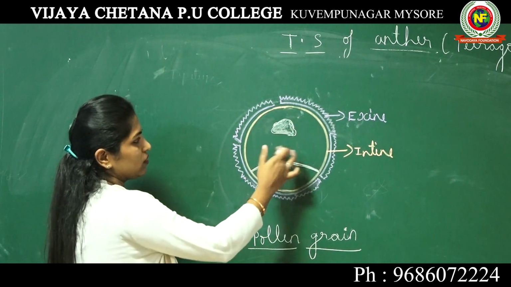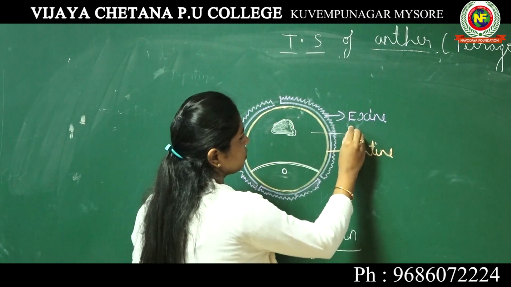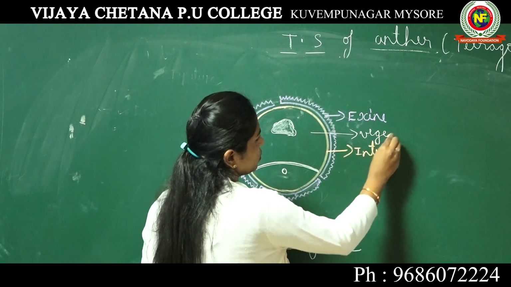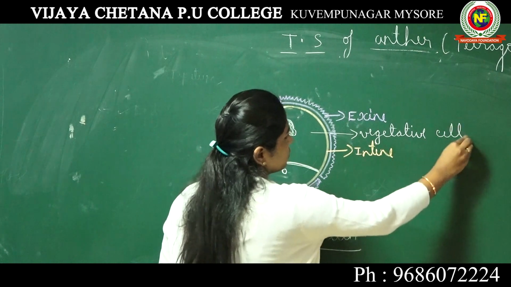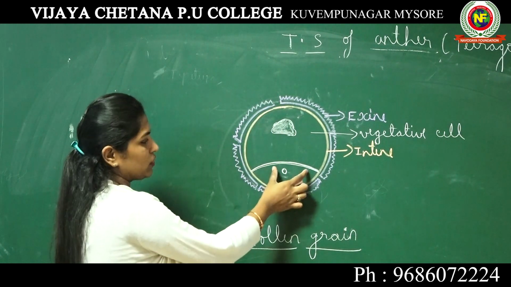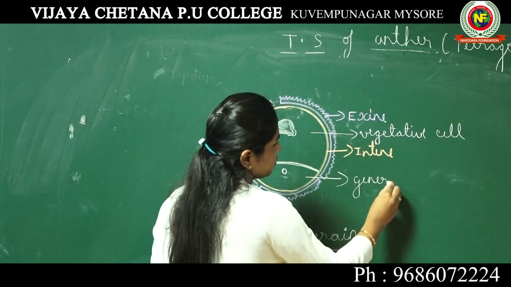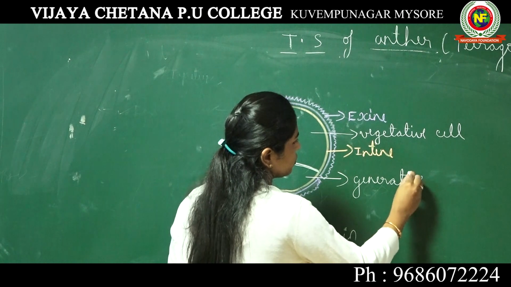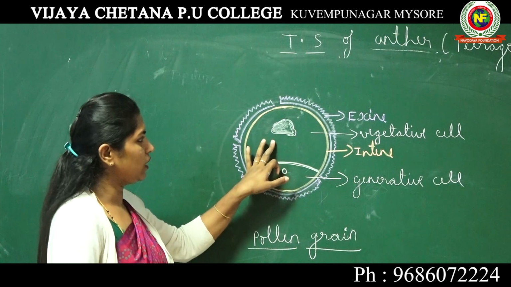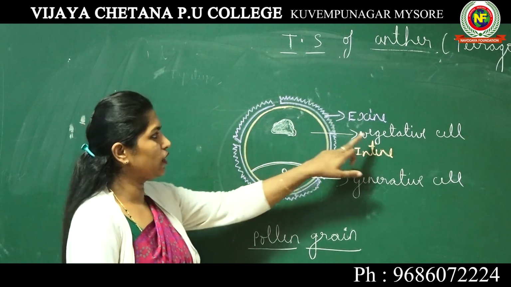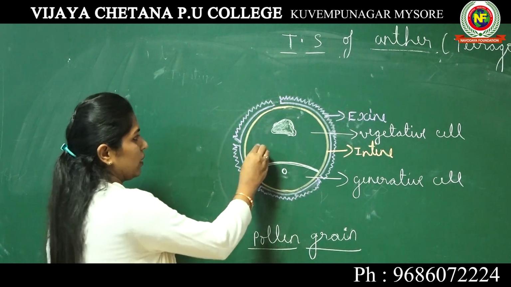The larger cell with the irregular shaped nucleus is known as the vegetative cell, and this cell, which is a little smaller, is known as the generative cell. Here the cell which is a little larger is the vegetative cell. This cell is the generative cell.